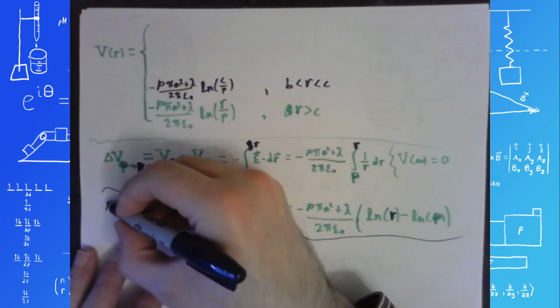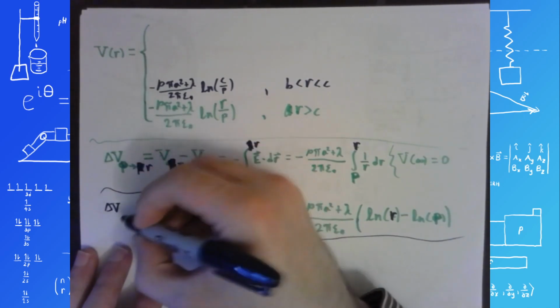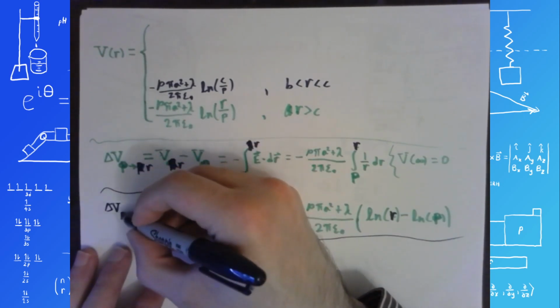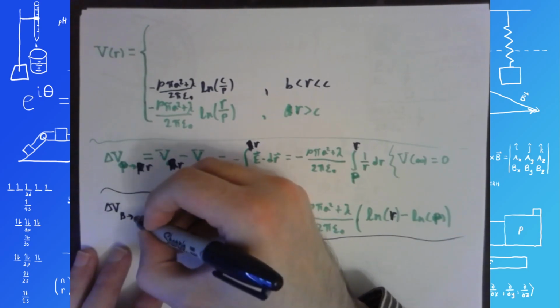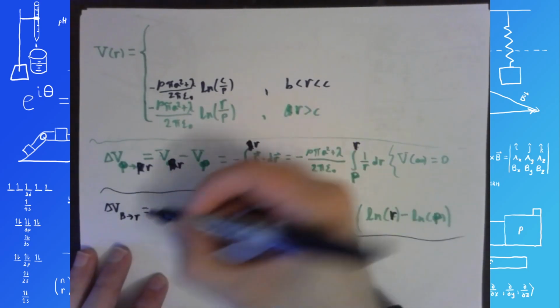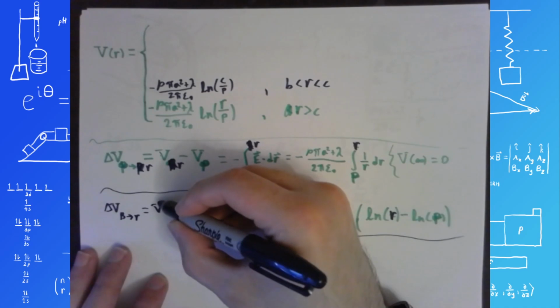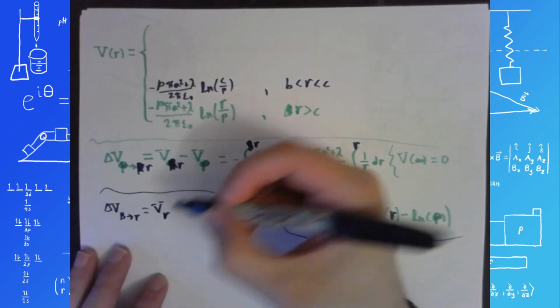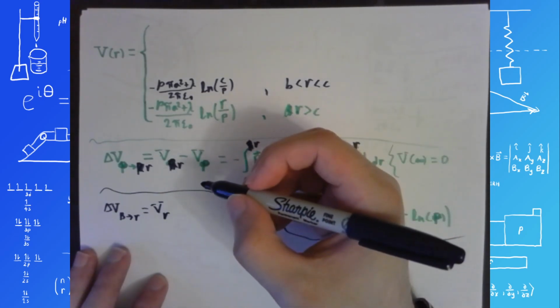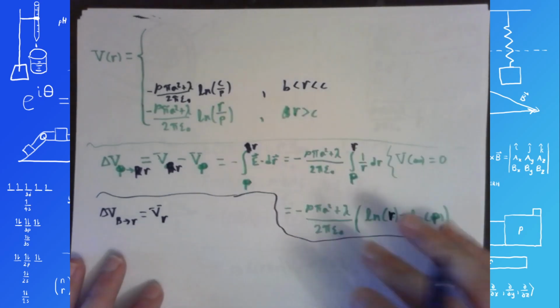Okay, that's going to be delta V from position B to position R, is going to be voltage at R. Wait, is that right?